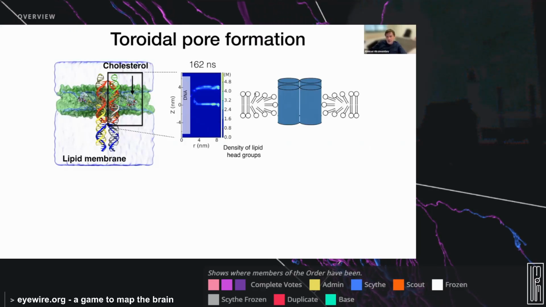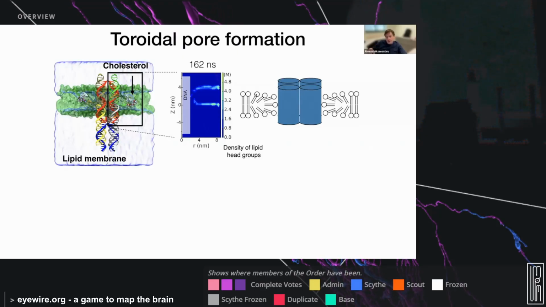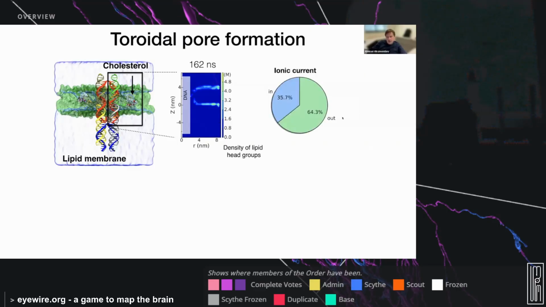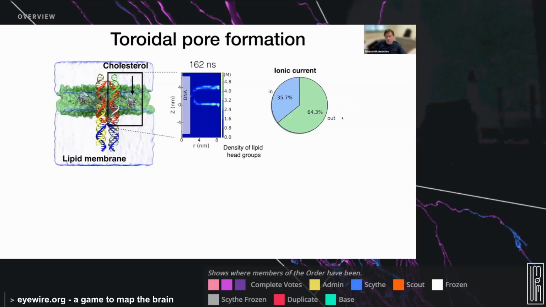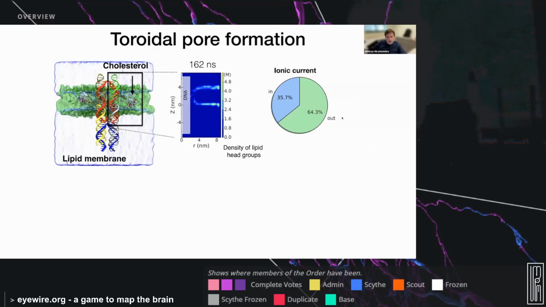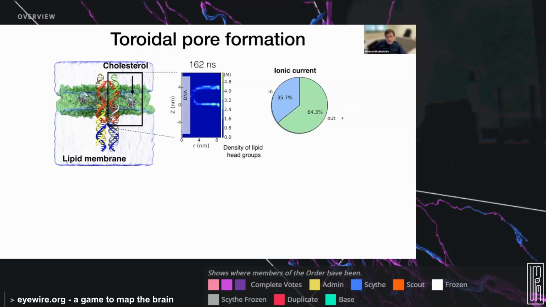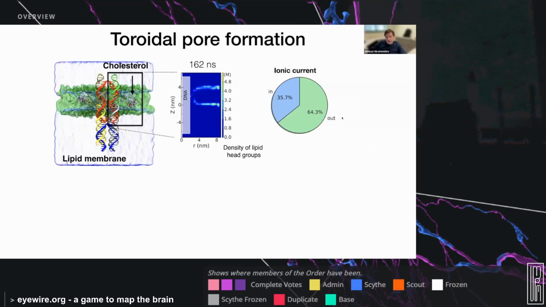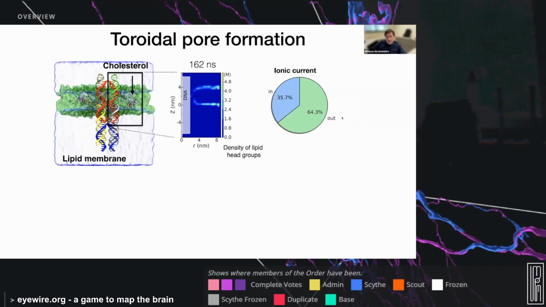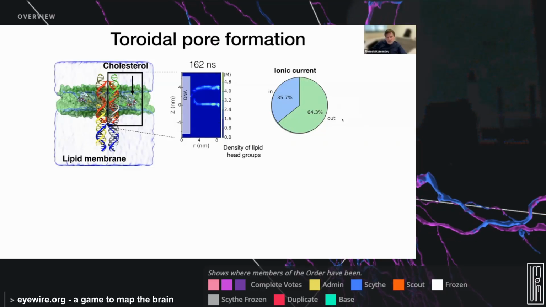So really, the lipid head groups, because they're hydrophobic, form a toroidal pore that surrounds the DNA nanostructure. And that actually was not great news for the usage of DNA pores for sensing because, for example, for this pore, most of the current flows outside of the DNA, not through the central channel.